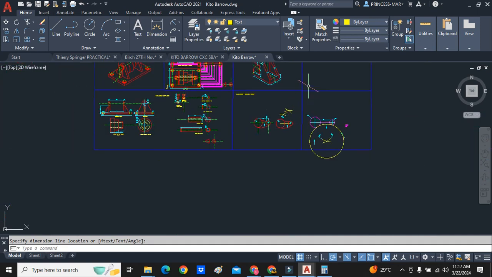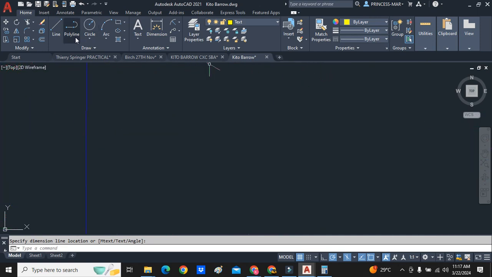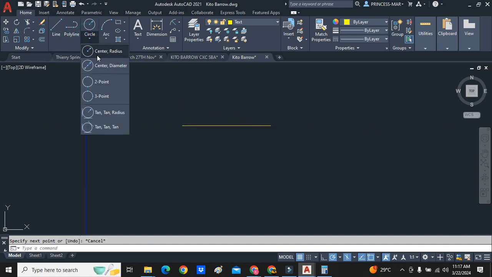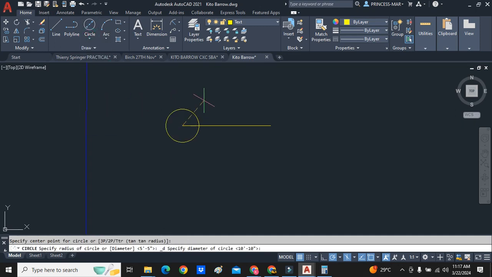I'm going to do one more example over here. The example is going to be a bit similar. The measurement here is 80. I'm going to do a circle here, diameter 30, and another circle here, diameter 40. So when I come now to dimension, all you are doing is adding or subtracting.